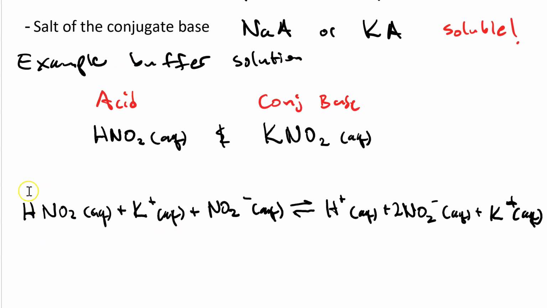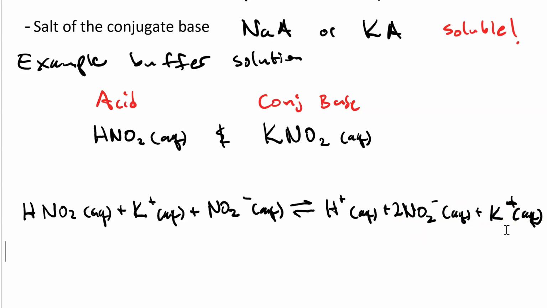So here's the equilibrium. HNO2 splits into H plus and NO2 minus, and the potassium nitrite splits up into potassium and NO2 minus. So on the right hand side we've got H plus and 2 NO2 minus. One of these comes from the acid and one comes from the salt. And then we've got K plus, which is a spectator ion.